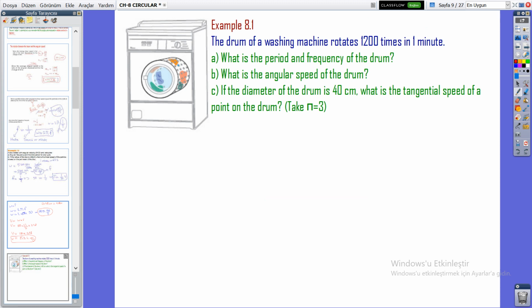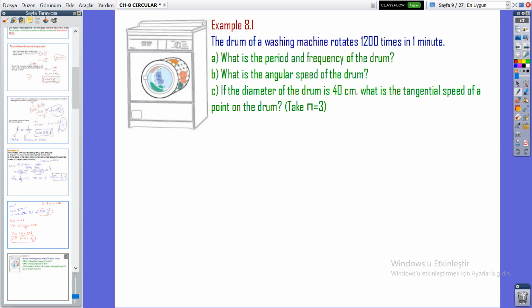Another question. This question is not inside the books, but it will be practice. Firstly, we have a washing machine. You know, in the washing machine, something is rotating inside. One drum of the washing machine rotated 1,200 times in a minute.